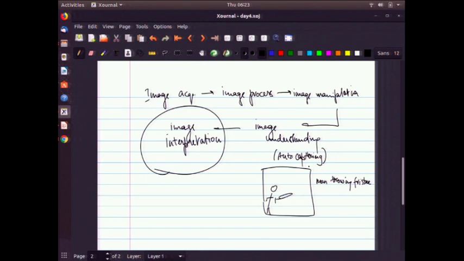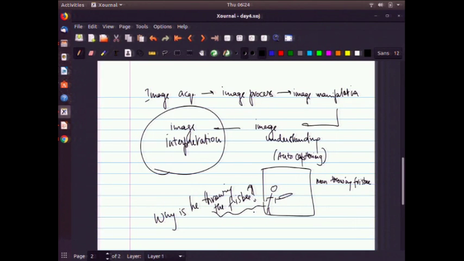And this image interpretation is somewhat similar, with the very slight difference that here you're given an image and you're asking some fixed questions about it based on some training data. And in interpretation, you are attaching a question to this.